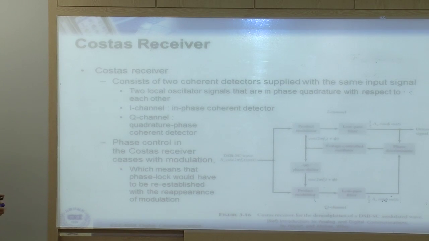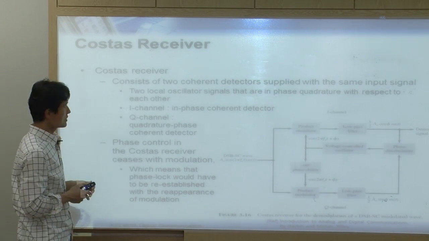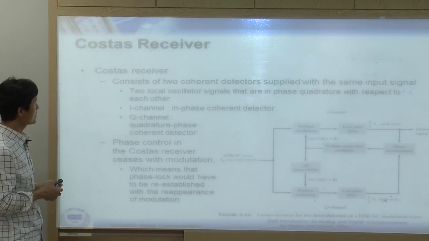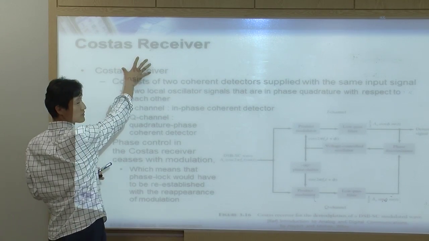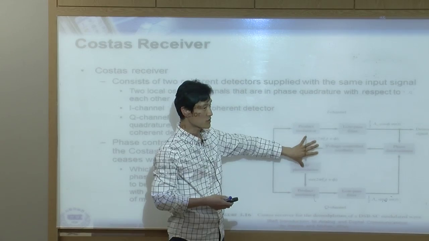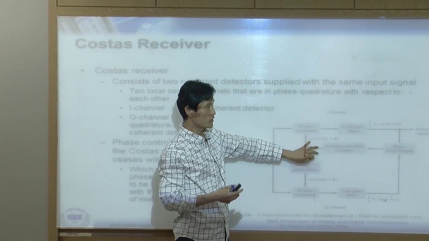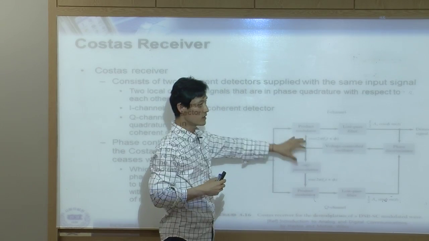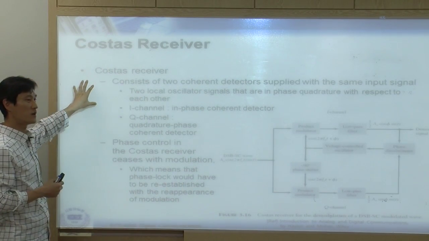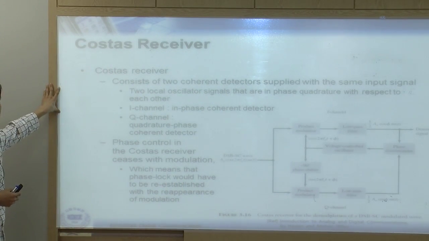Okay? This block explains the Costas receiver. Some of you remember this name, Costas receiver, right? This is the block diagram of the Costas receiver. When you look at your textbook, you will see this figure when you learn the DSB. You remember DSB? Double sideband?